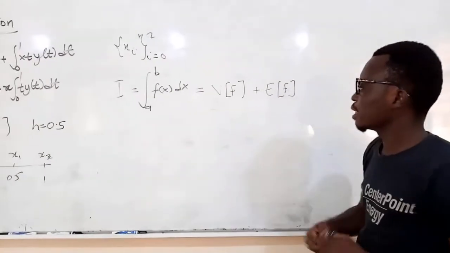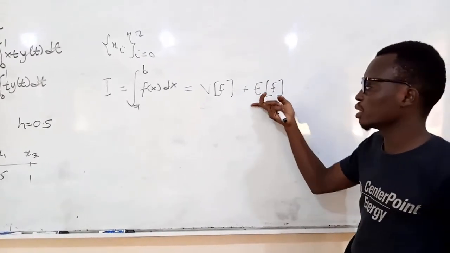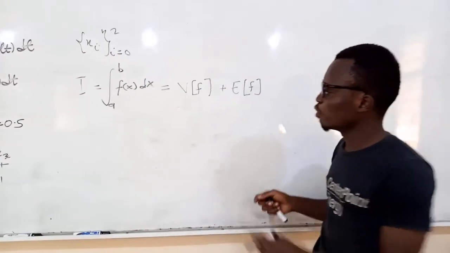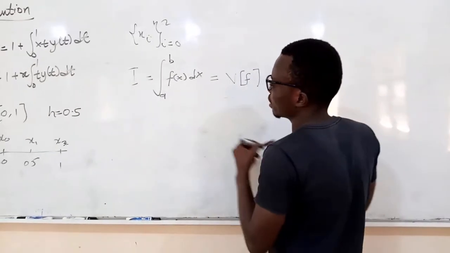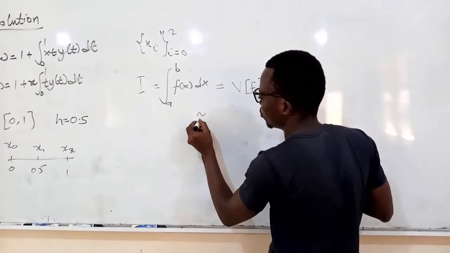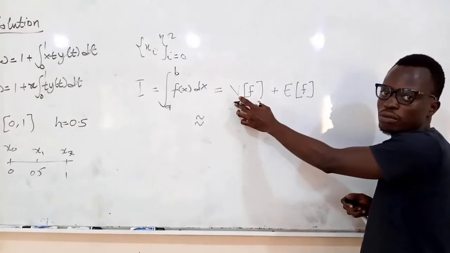And we said the E of f is a truncation error. So if you drop the truncation error, this is approximated by V of f.